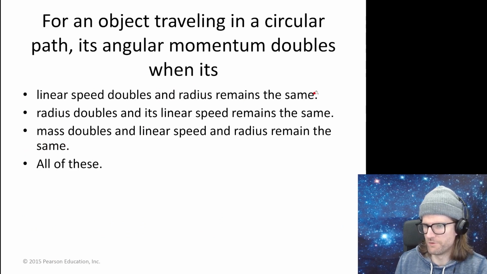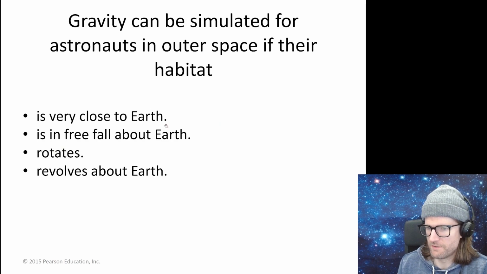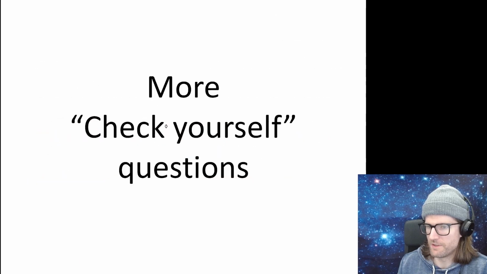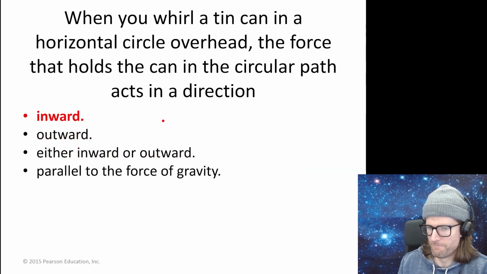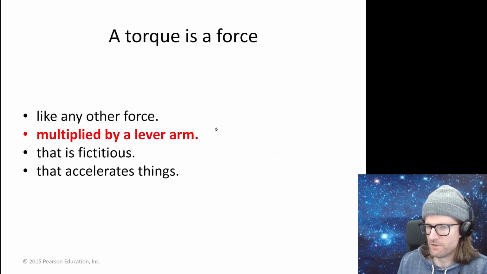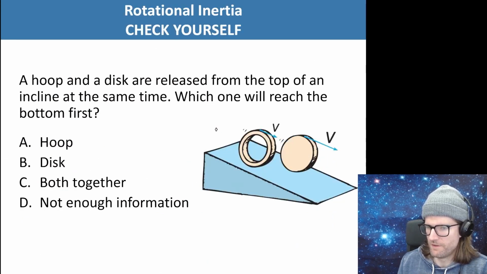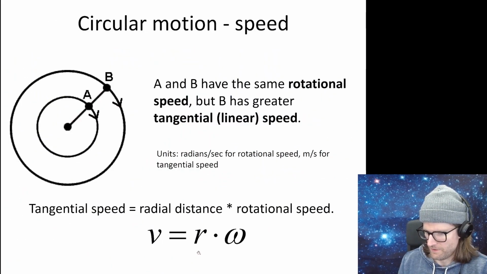Okay, so we said for the first one it doubles. Now the radius doubles and its linear speed remains the same. Linear speed remains the same, but what happens to angular speed if the radius doubles?